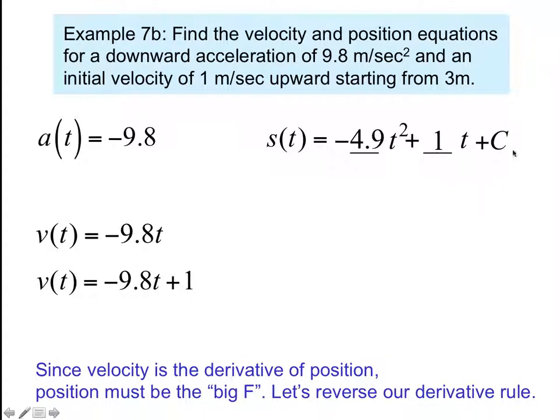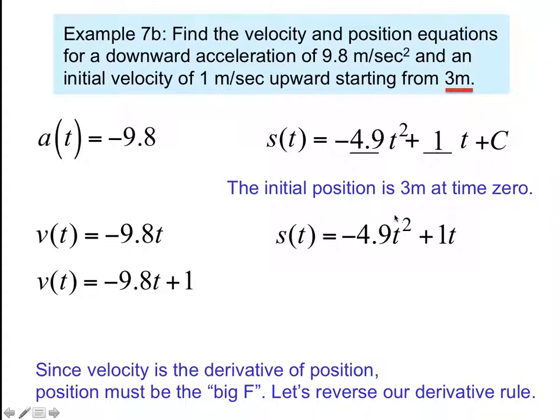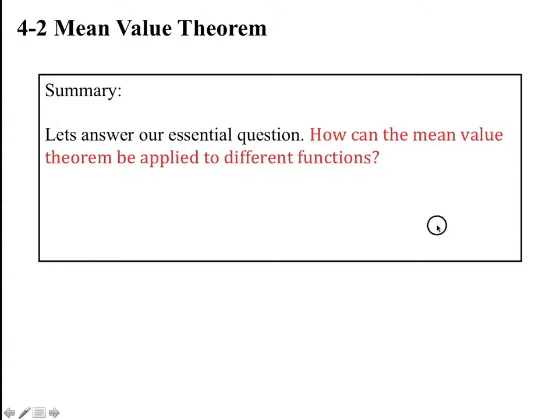There's our position function, with a plus c on the end, and we know our initial position is 3 meters. So our position function is negative 4.9t squared plus 1t plus 3. When we have an initial velocity of 1 meter per second, it shows up as the constant in our velocity expression. And the starting position of 3 meters shows up as a constant in our position equation.